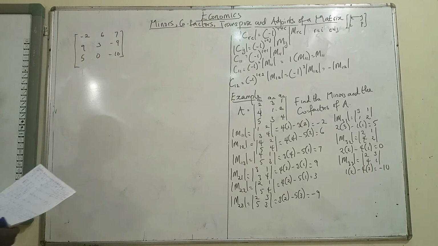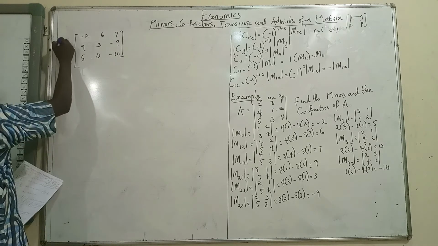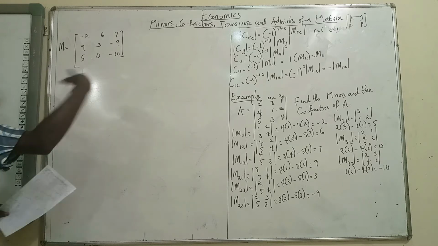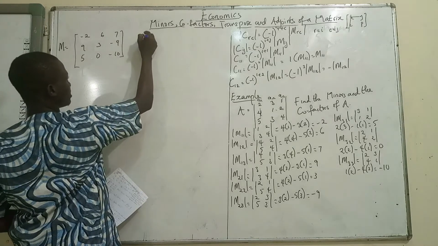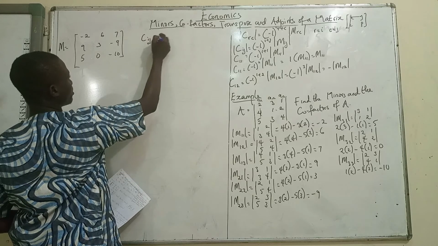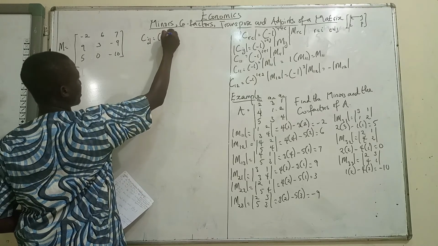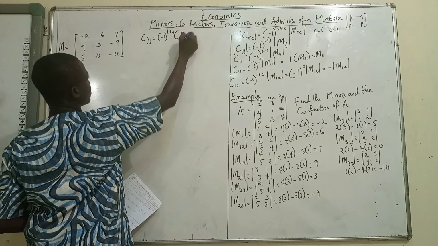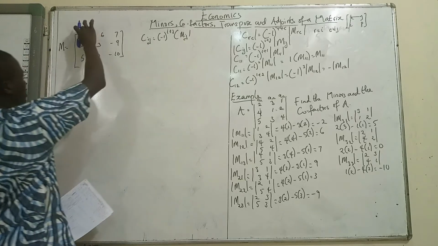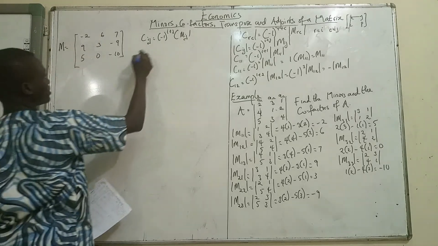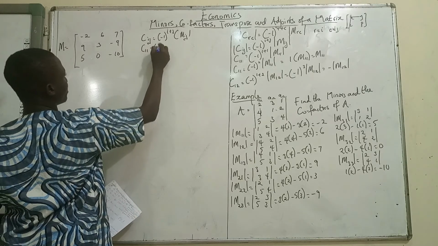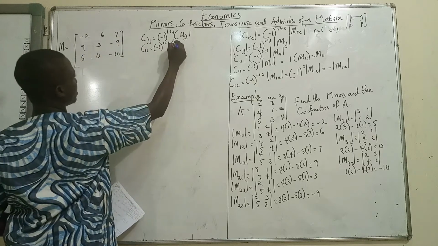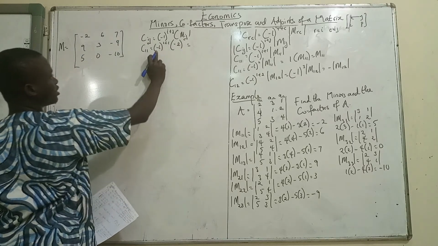So how then do we find our cofactor matrix? We use the formula that says Cij equals minus 1 raised to the power i plus j, times Mij. So C11 corresponds to M11, and it is minus 1 raised to the power 1 plus 1, times minus 2.